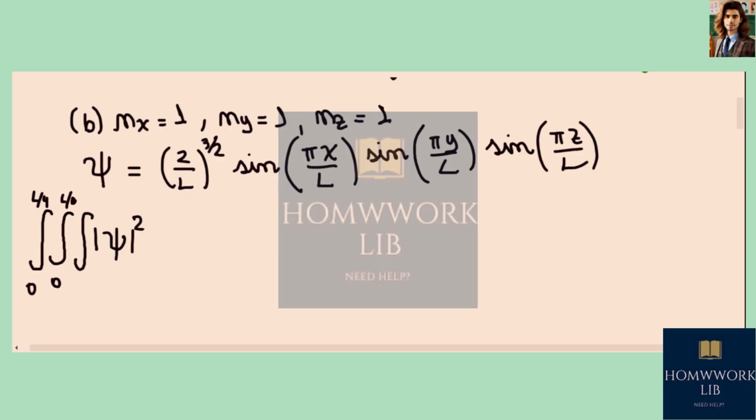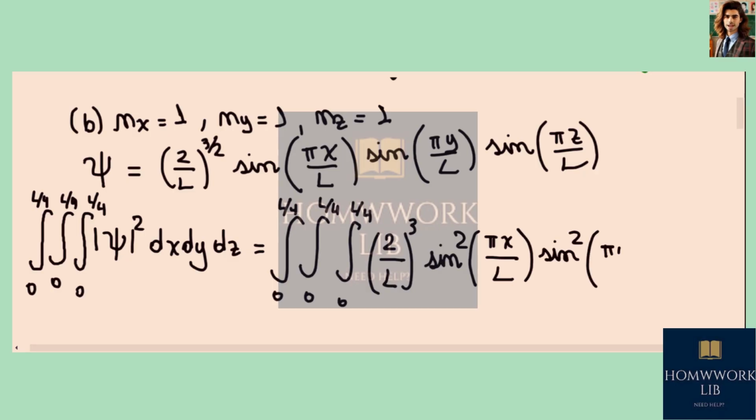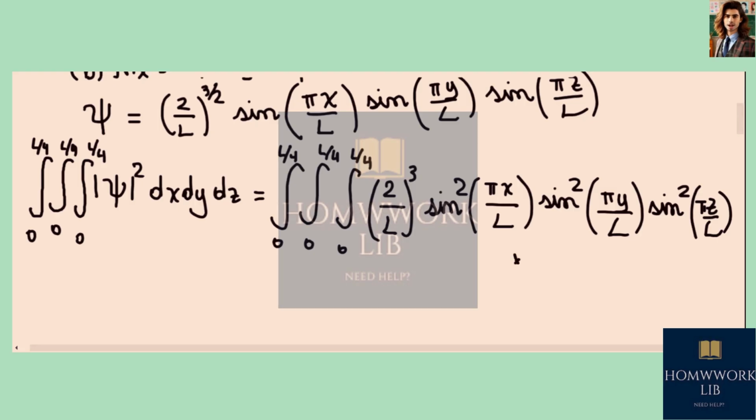So this is the integral between 0 and L over 4, times the integral between 0 and L over 4, times the integral between 0 and L over 4 of 2 over L to the third times sine squared of pi x over L, sine squared of pi y over L, sine squared of pi z over L. Actually, I should multiply this all by dx dy dz.